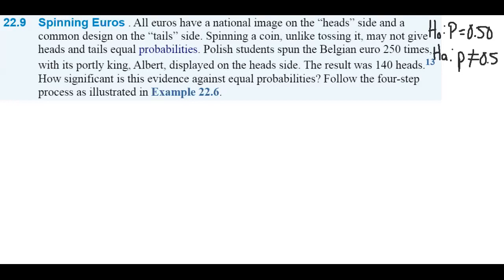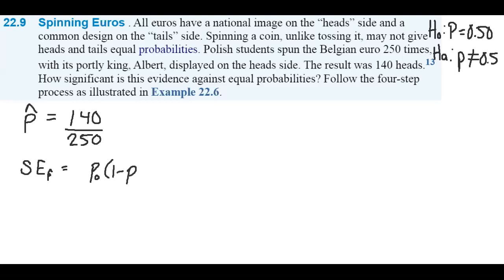All right, so let's look at having a z-score and a p-hat. P-hat is the number of heads out of the number of coin spins, and then the standard error is the square root of p naught times one minus p naught over n.